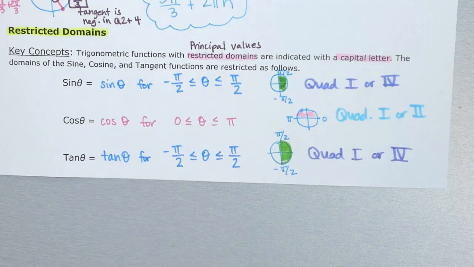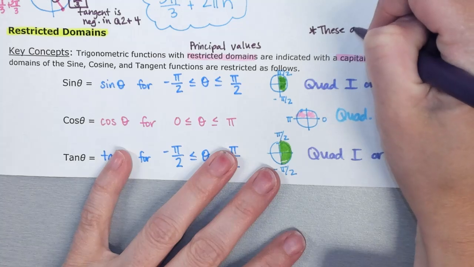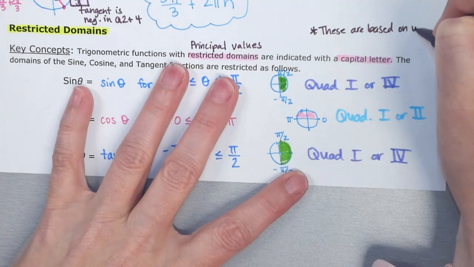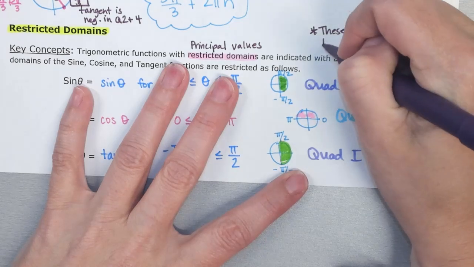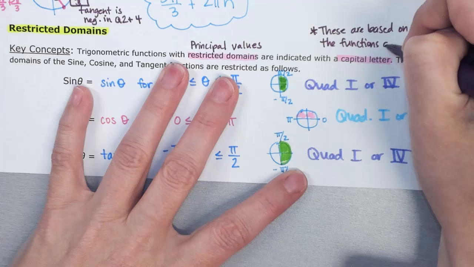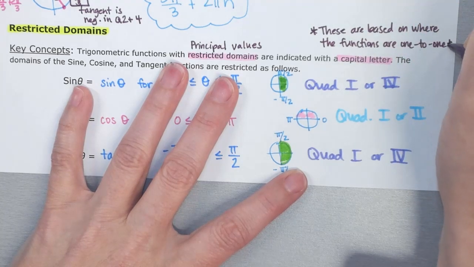Now, the reason why these are the way they are, it's based on where the functions are 1 to 1.